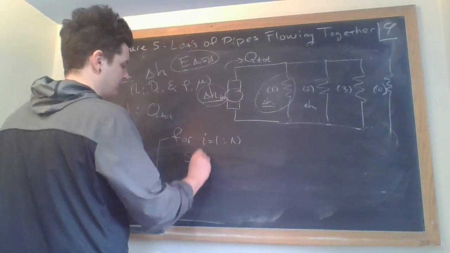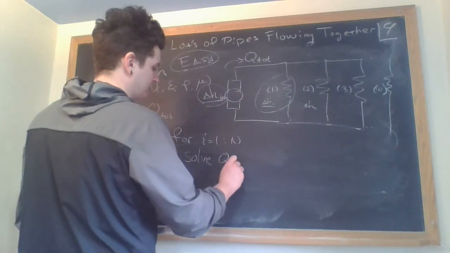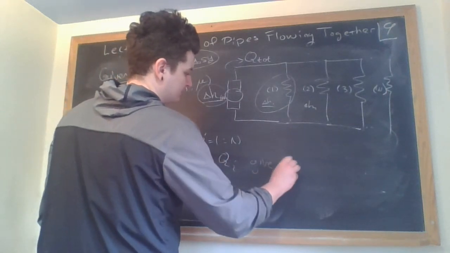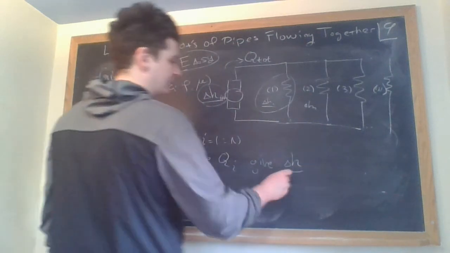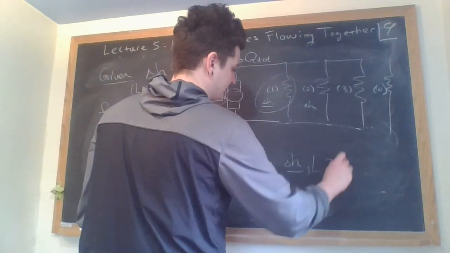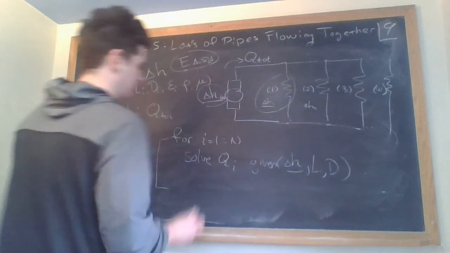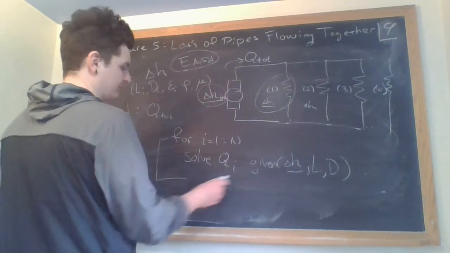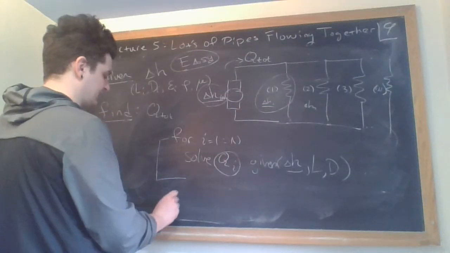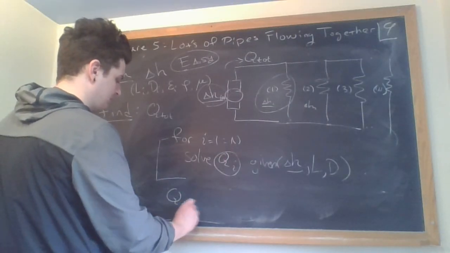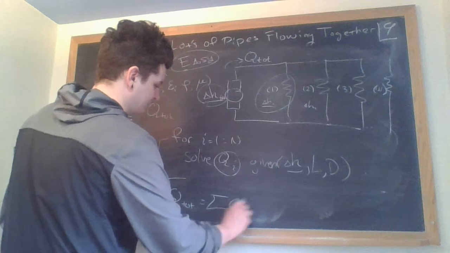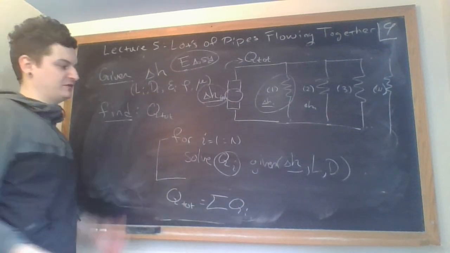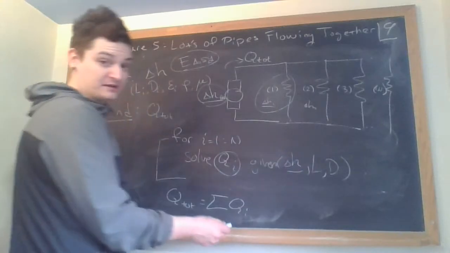You're going to solve for Qi given the head loss, the properties, and the dimensions. So you do this over and over again. You find all of the Qi's, and then the last step would be, well, total flow rate is just then sum them all up.